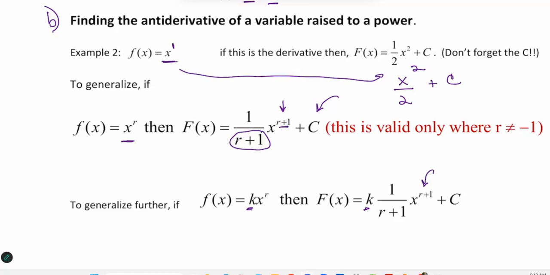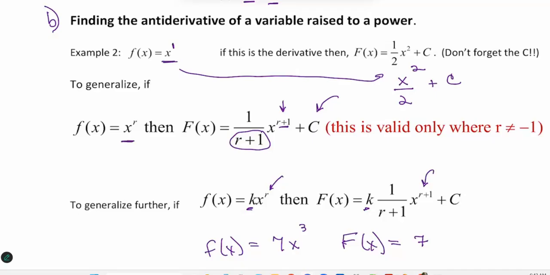Add 1 to your derivative exponent, and then divide that by the same power, and then plus c. So let's find one. Here's an example. F of x equals, what if I say 7x to the 3rd? Then my capital F of x is going to equal, bring the 7 along.